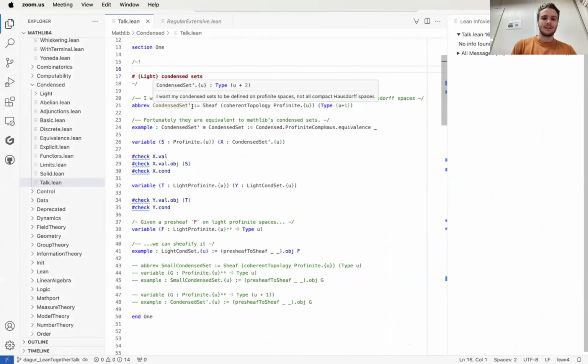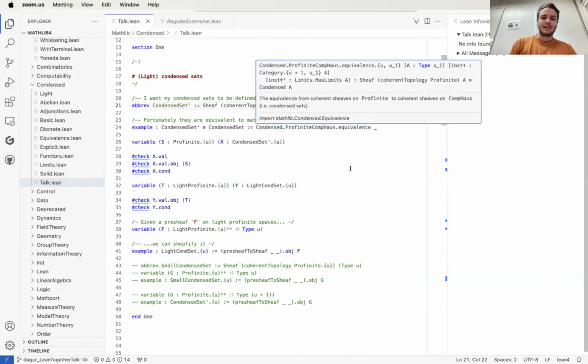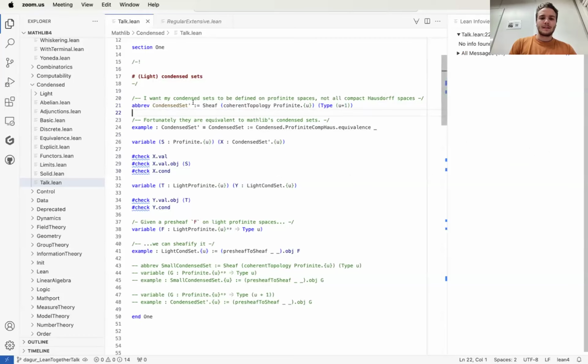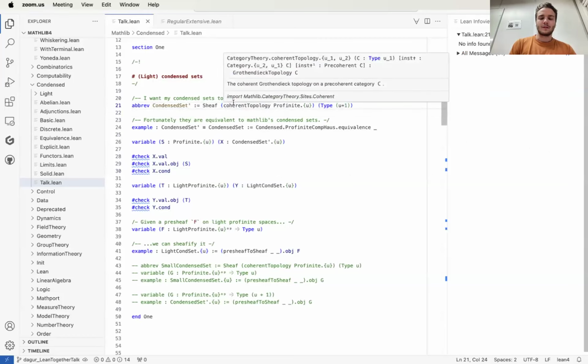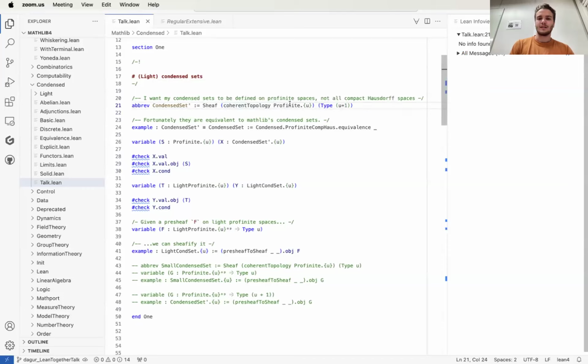So yeah, I start by redefining. I define here a condensed set prime, because condensed set is defined as something slightly different in Mathlib, as a sheaf for the coherent topology on profinite sets valued in Type U+1.